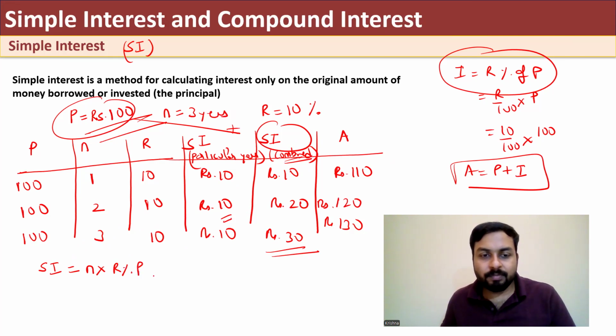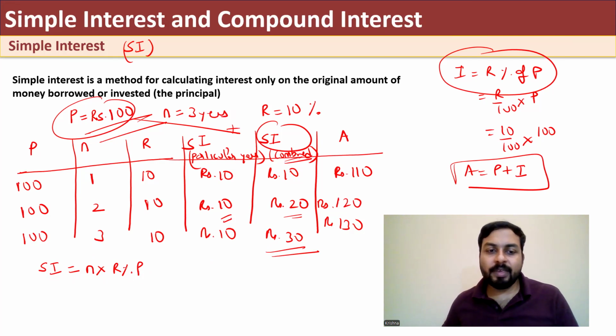If you observe it carefully, first year it is 1 into R percent of P. Second year it is 2 into R percent of P, which is 20. Third year it is 3 into R percent of P, which is 30. So can I say the simple interest formula is N into R percent of P?